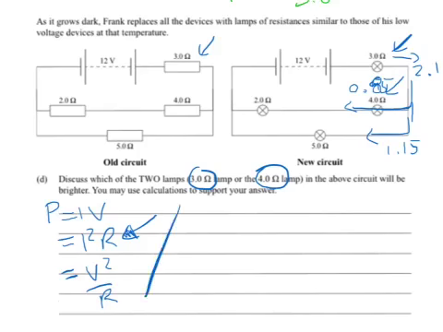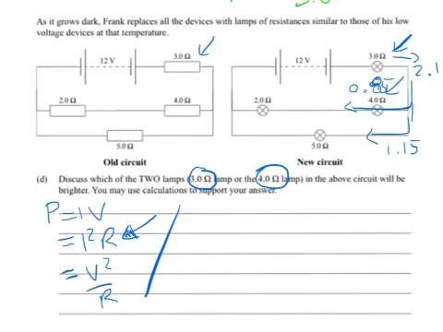So let's do those calculations, because the brightness is related to the power, and the more power, the more energy is being converted to light and heat, and we would assume that the amount of light and heat is consistent across all the lamps.